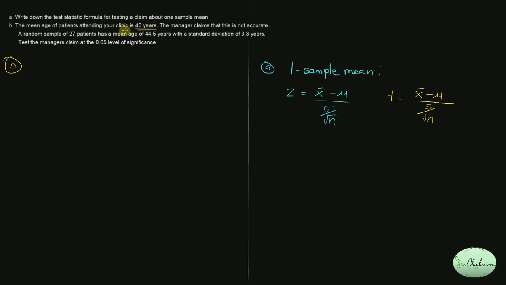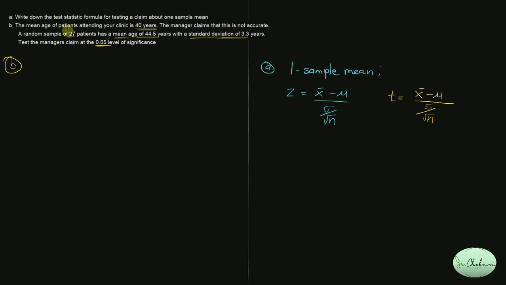The manager claims that this is not accurate, and as a result, a random sample of 27 patients is picked from the population of patients, and that random sample of 27 patients has a mean age of 44.5, with a sample standard deviation of 3.3 years. We are asked to test the manager's claim at an alpha level of 0.05, so a significance level of 0.05.